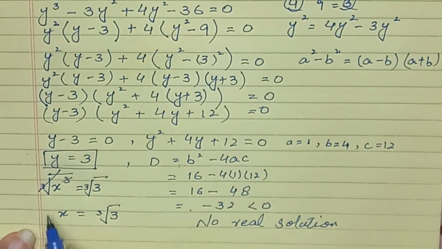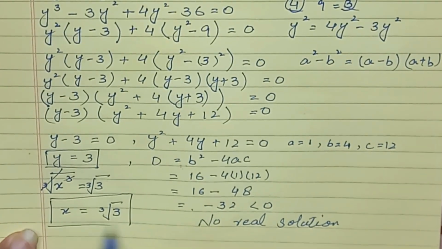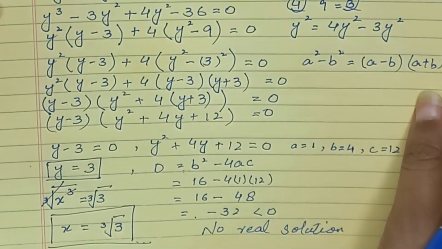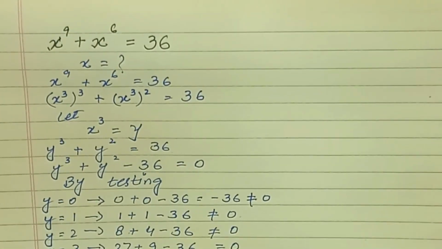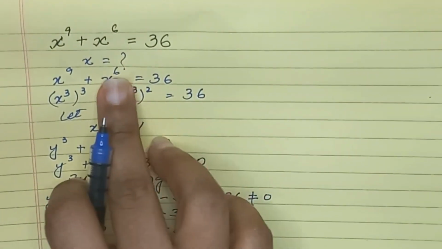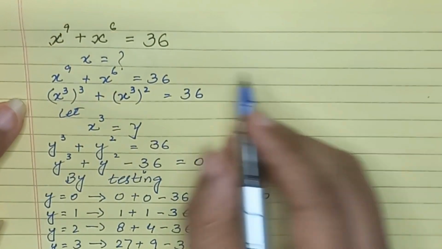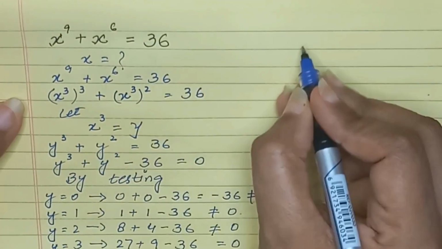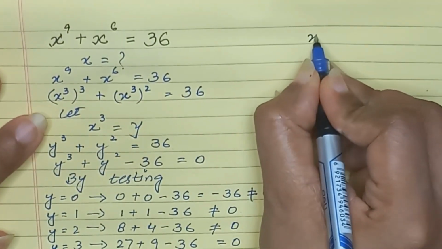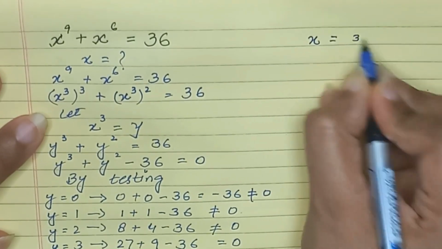Now we will check whether this value of x satisfies our given equation. Our given equation is x raised to the power 9 plus x raised to the power 6 equal to 36, and we check for x equal to the cube root of 3.